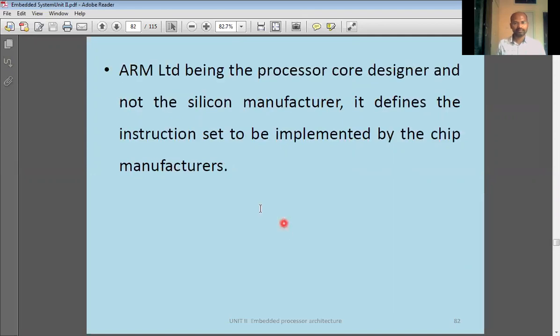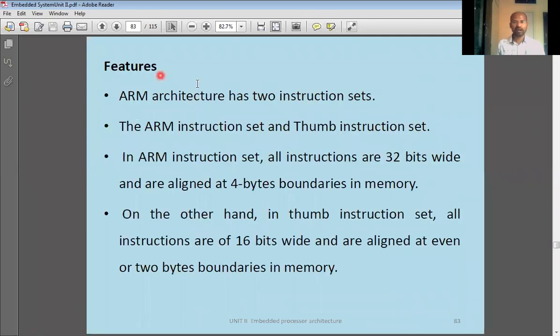Let's see the features of the ARM instruction set. ARM architecture has two instruction sets. What are these two instruction sets? It has the ARM instruction set, which is a 32-bit instruction set. It also has the thumb instruction set, which is a 16-bit instruction set.